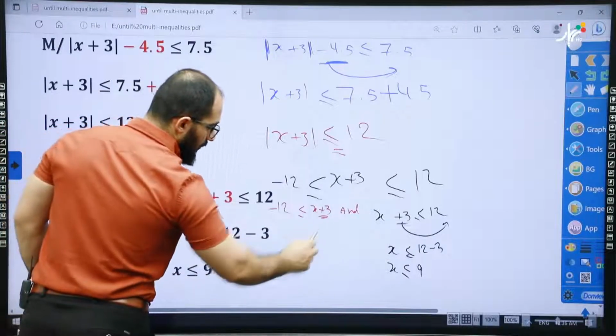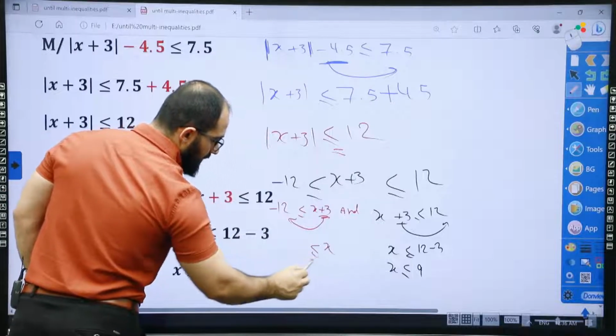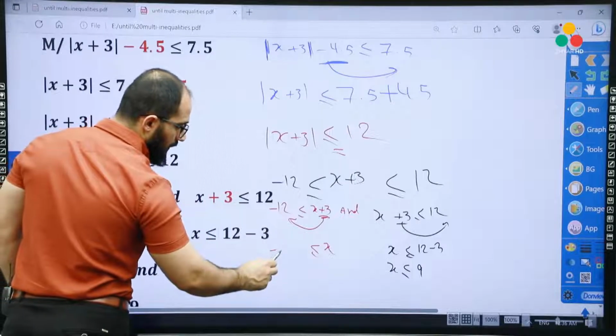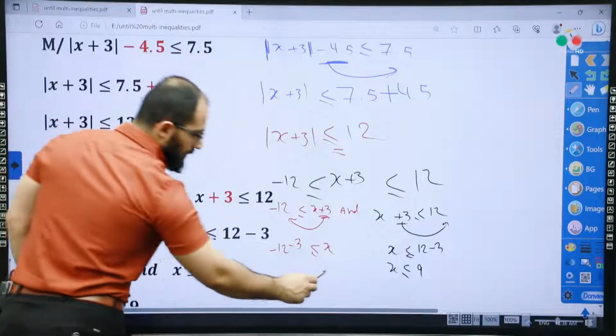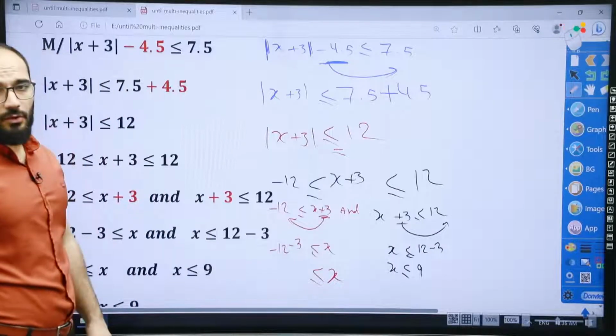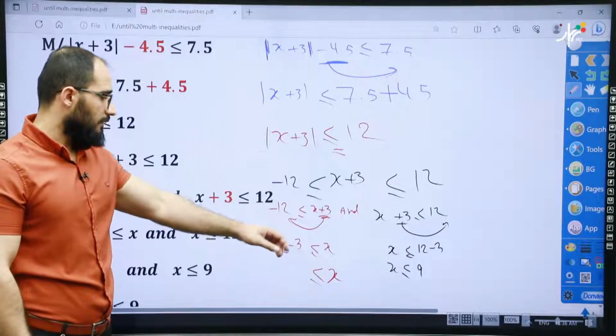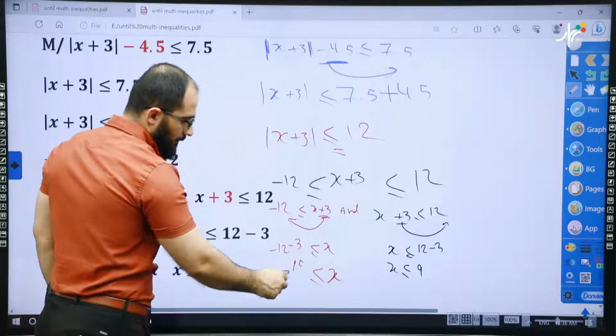So move positive 3 to the other side. It's going to be x greater than or equal to negative 12 minus 3. So finally, negative 12 minus 3 is going to be negative 15.